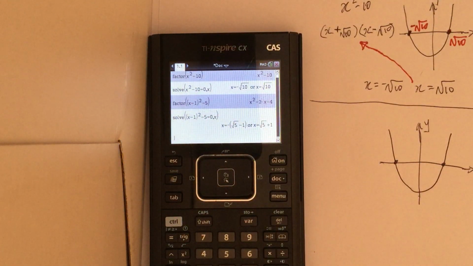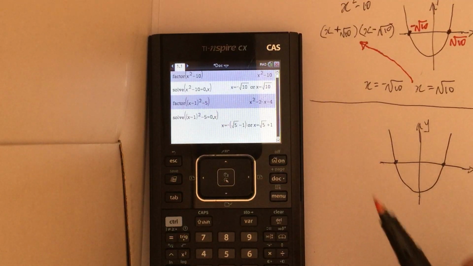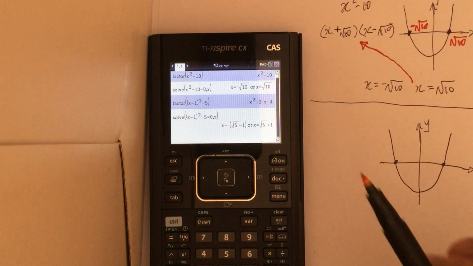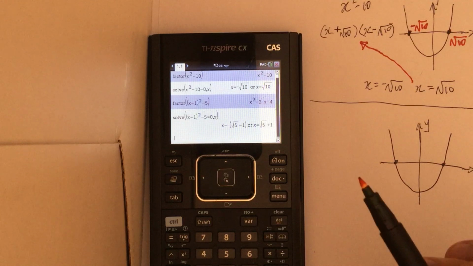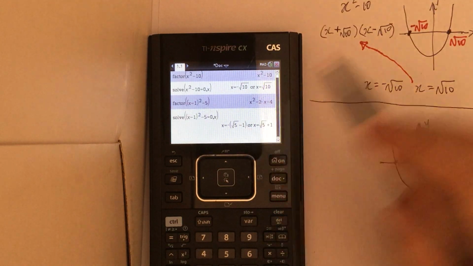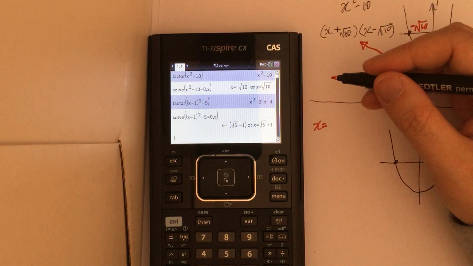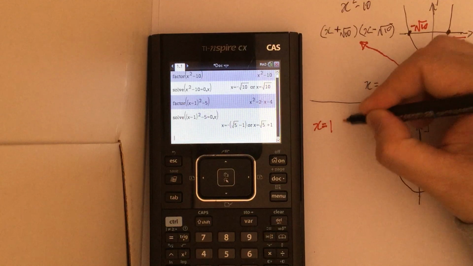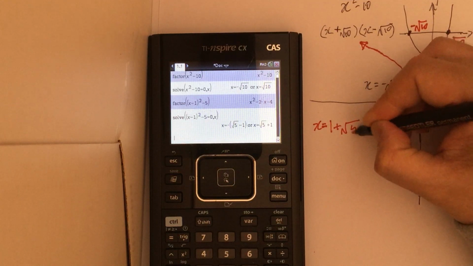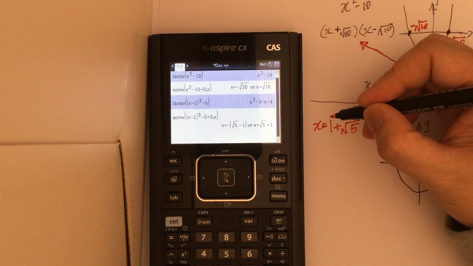Now, the answer they've given us is minus square root of 5 plus 1, and the other is square root of 5 plus 1. Well, can't we rewrite that by expanding the bracket with a negative sign in there? No, hang on.